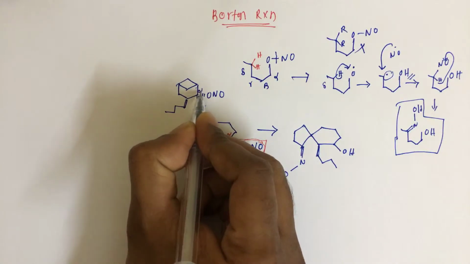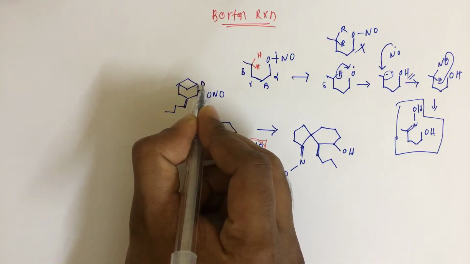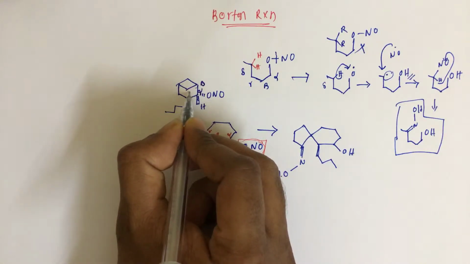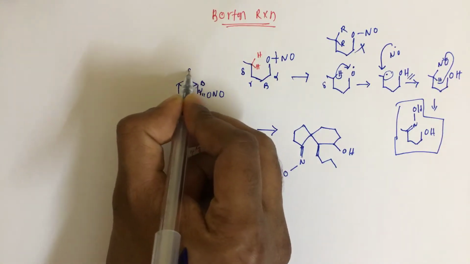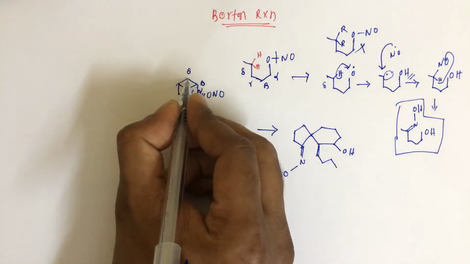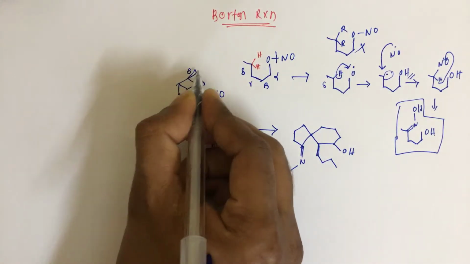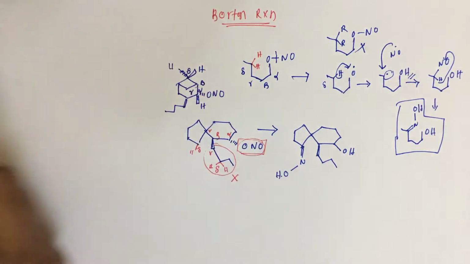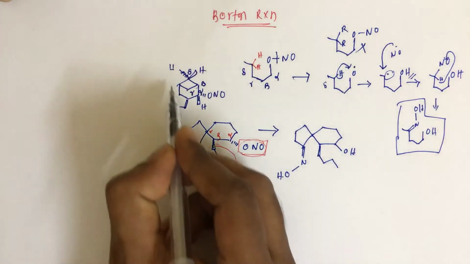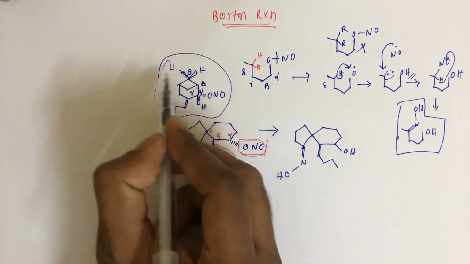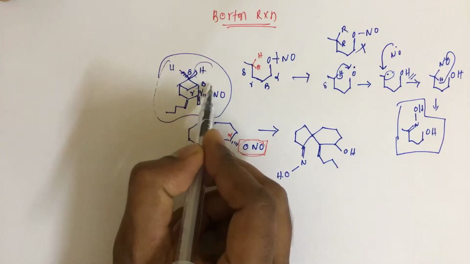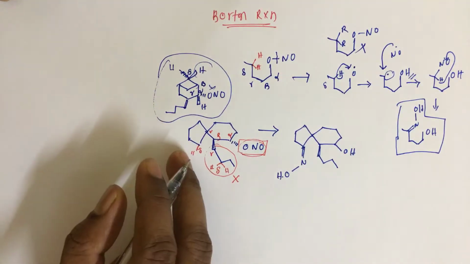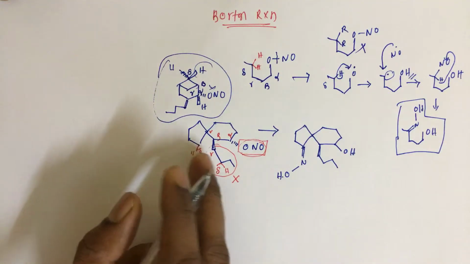Now alpha, beta, gamma, and this should be delta, and of these two hydrogens, one will be above the plane and the other below the plane. I think this is clear, right? So this is gamma, so from here the hydrogen shift will take place. This same structure we can draw like this also.